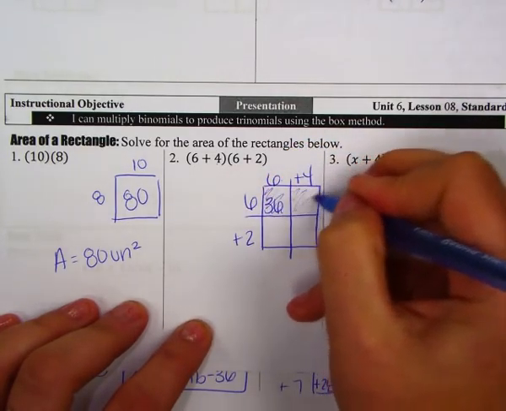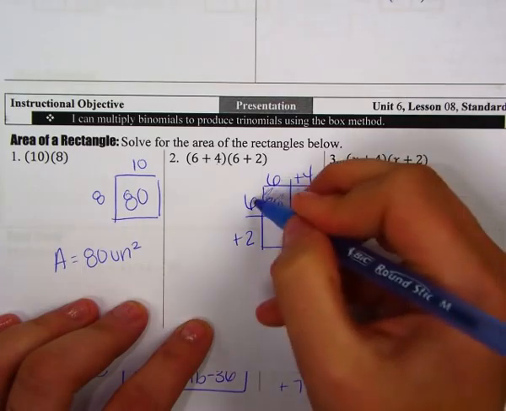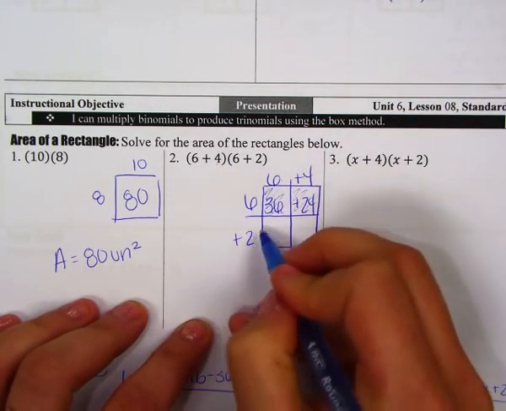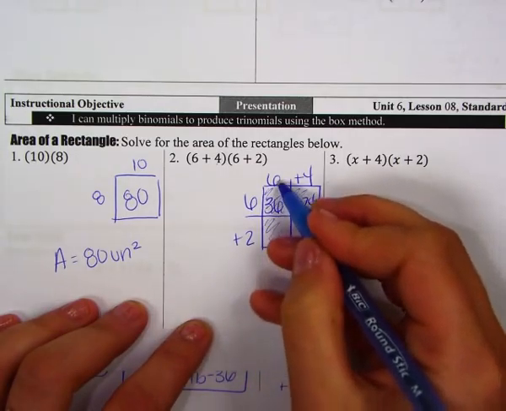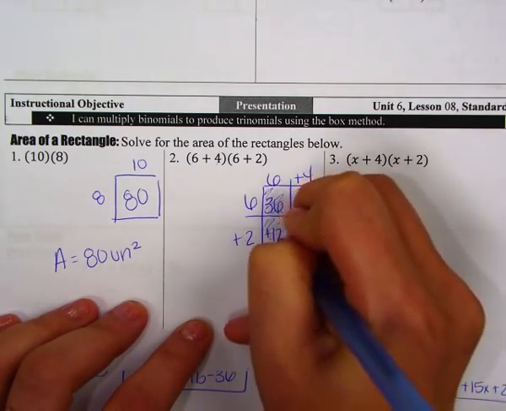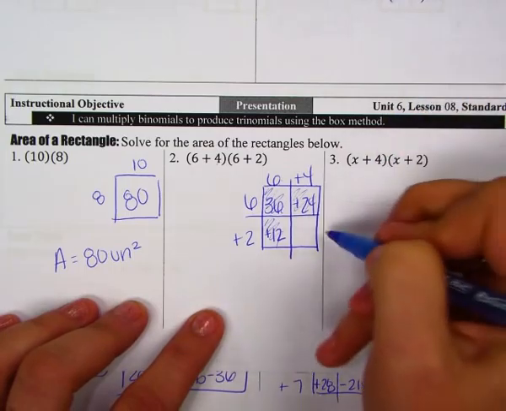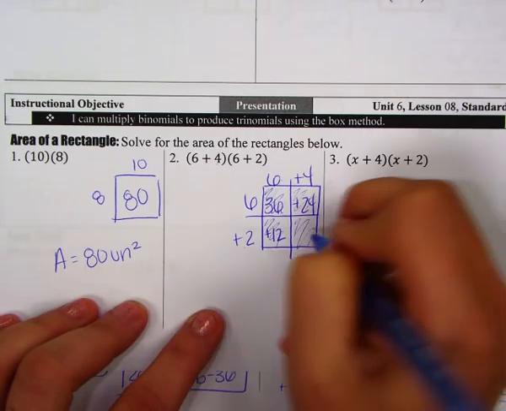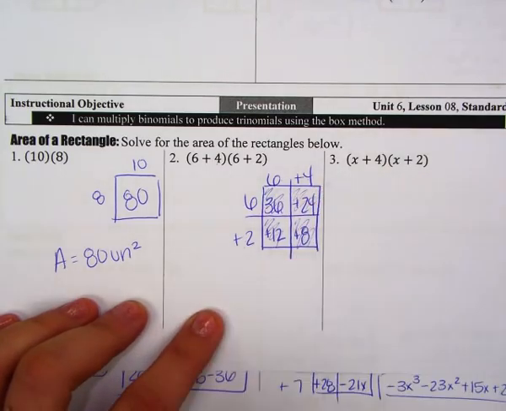The area of this rectangle, 4 times 6, is 24. This rectangle, 6 times 2, is 12. And this rectangle, 4 times 2, is 8.